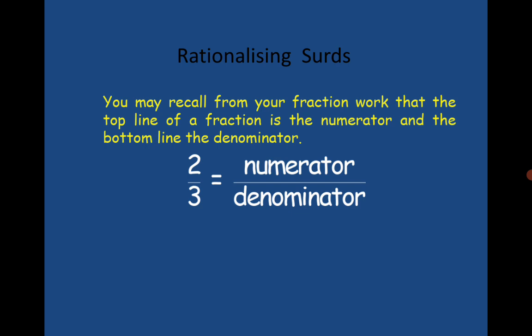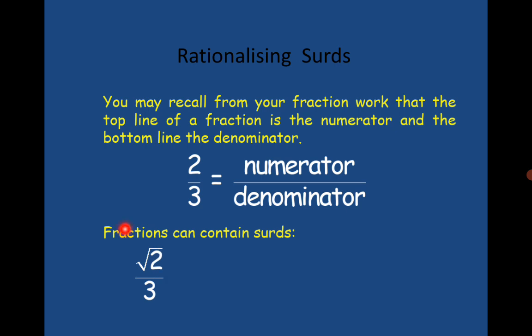Welcome to rationalizing surds. You may recall from your fraction work that the top line of the fraction is the numerator, this one, and the bottom line is the denominator. So 2 over 3, the 2 is the numerator and the 3 is the denominator. So fractions can contain surds also, or irrational numbers.